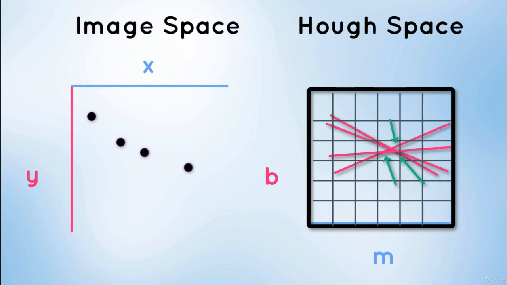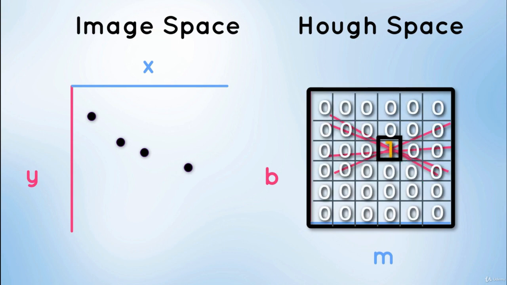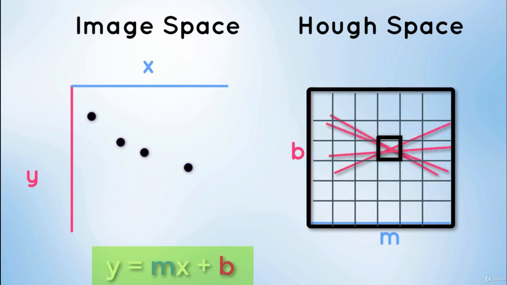All of these points of intersection are inside of a single bin. For every point of intersection, we're going to cast a vote inside of the bin that it belongs to. The bin with the maximum number of votes, that's going to be your line. Whatever m and b value that this bin belongs to, that's the line that we're going to draw since it was voted as the line of best fit in describing our data.